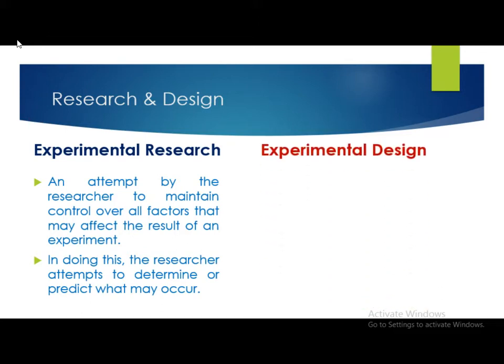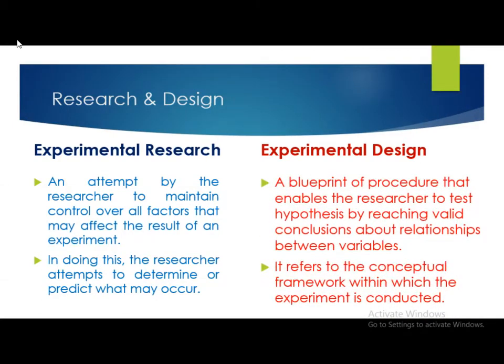In doing this, the researcher attempts to determine or predict what may occur, while experimental design is a blueprint of the procedure that enables the researcher to test his or her hypothesis by reaching valid conclusions about the relationship between the dependent and independent variables. It refers to the conceptual framework within which the experiment is conducted.